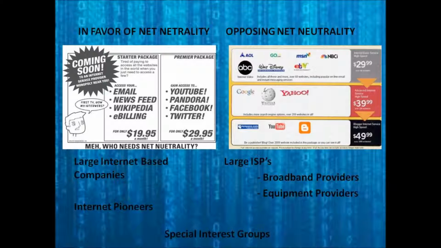Likewise, the equipment providers like Cisco, Corning, Qualcomm, and 3M, they of course prefer not having net neutrality. Likewise, there are special interest groups on both sides, such as the American Liberty Association and Computer Professionals for Social Responsibility in favor of net neutrality, and conservative groups such as conservative think tanks and the American Conservative Union opposed to net neutrality.